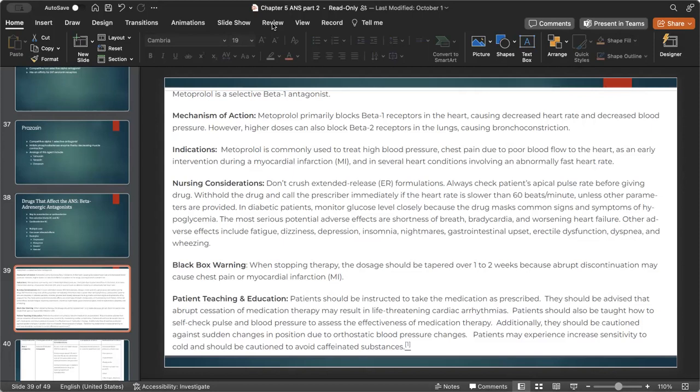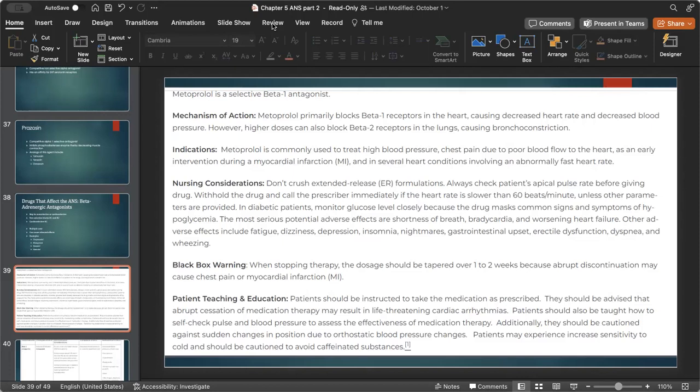If this receptor is being blocked, it's going to block that increased heart rate, increased blood pressure, and cause decreased heart rate and decreased blood pressure, so I could use it for my patients who have high blood pressure. I can also use it for patients who have chest pain because chest pain is sometimes caused by poor blood flow to the heart. So if that's the cause and you give them a drug like metoprolol, it's going to help increase that perfusion, which is going to reduce the chest pain because these now vasodilate because they block those receptors.